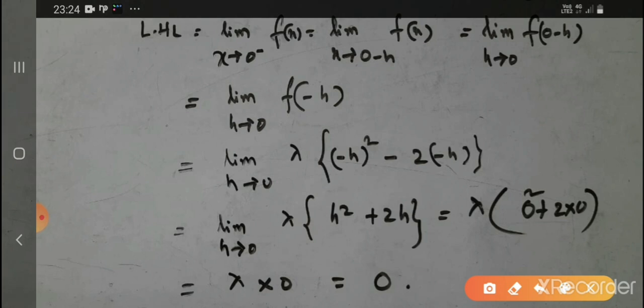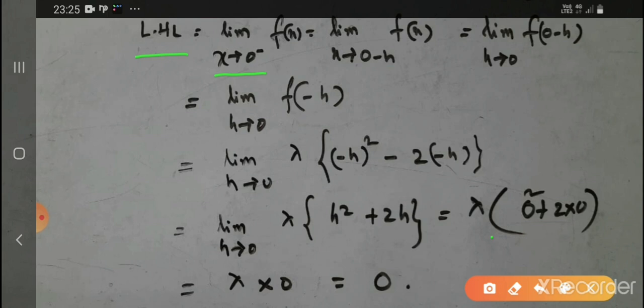We discuss here the left hand limit. As per the definition, the limit as x tends to 0 minus of f of x equals the limit as h tends to 0 of f of 0 minus h. Here it is the left hand limit, so it is slightly less than 0, and that amount is h.